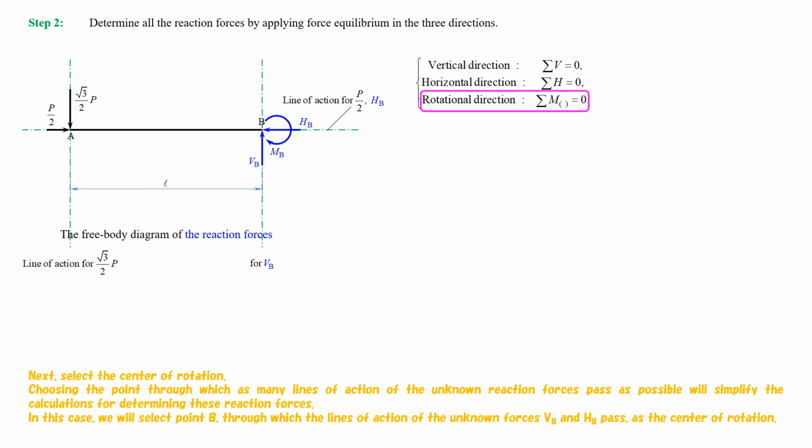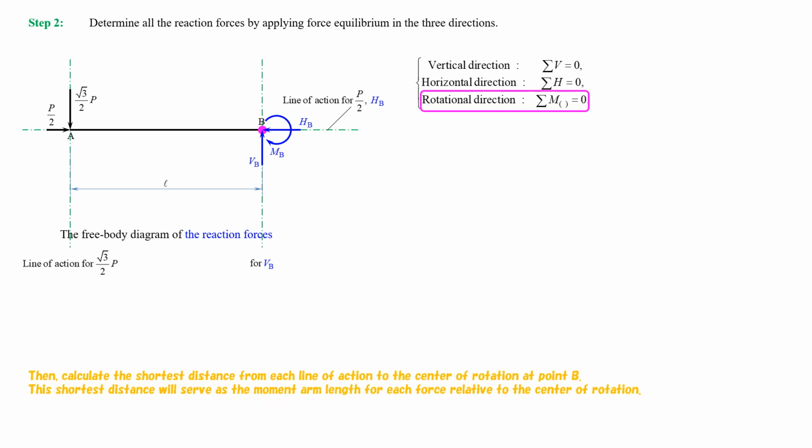In this case, we will select point B, through which the lines of action of the unknown forces VB and HB pass, as the center of rotation. Then, calculate the shortest distance from each line of action to the center of rotation at point B. This shortest distance will serve as the moment arm length for each force relative to the center of rotation.